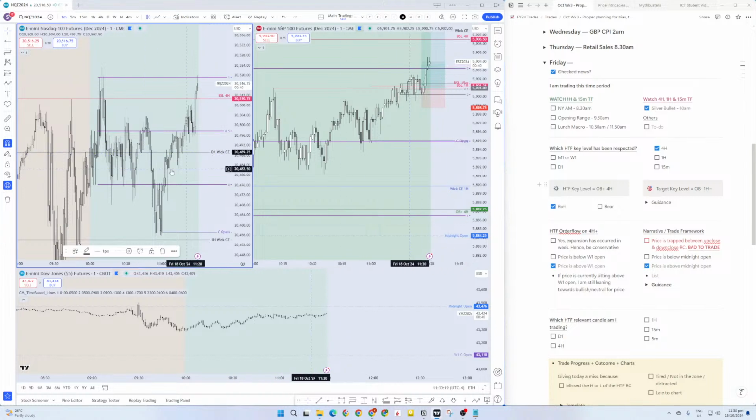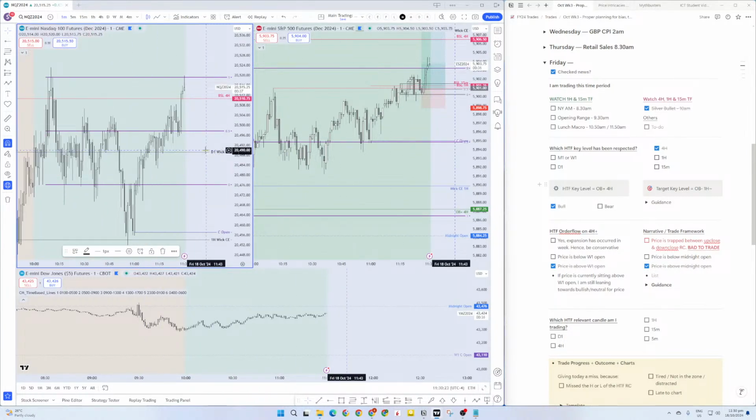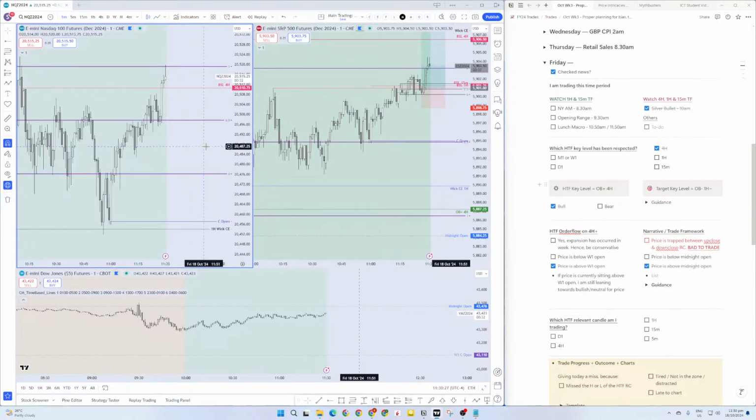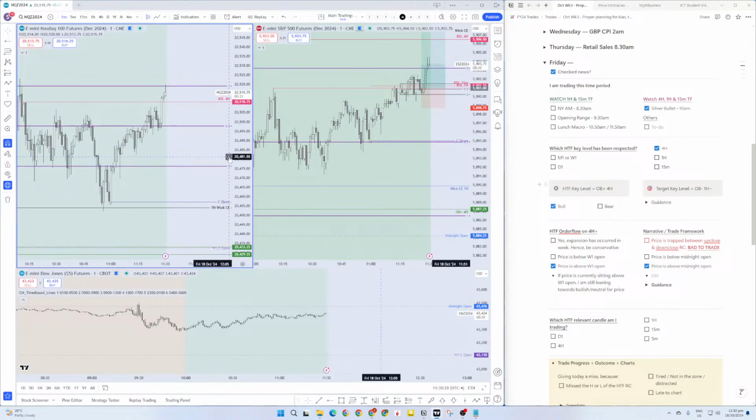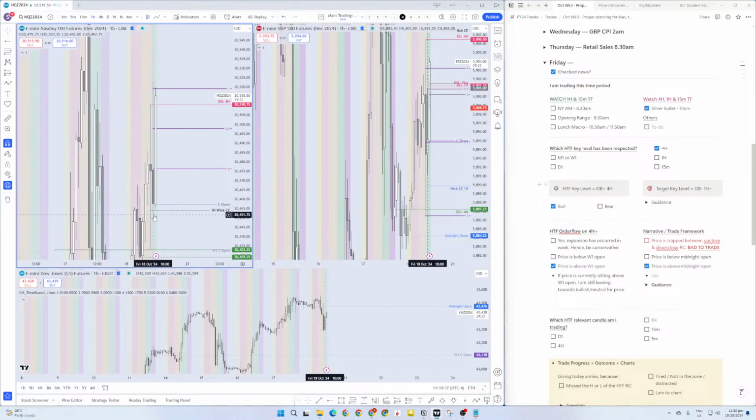Okay, price is just hanging up and down on this level. I'm very tempted to just ignore it because I'm not looking at it anymore. So what drives this move? It touched into the 1-hour wick here, right?